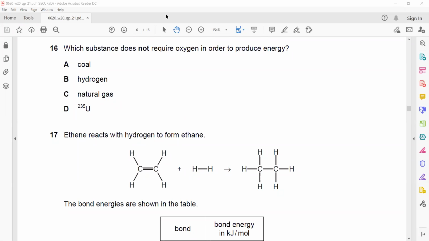Coal is burned and it produces carbon dioxide. Hydrogen is burned in a fuel cell combustion reaction and produces water. Natural gas or methane burned produces carbon dioxide and water vapor. But uranium, a heavy nucleus, splits into lighter nuclei by the help of a neutron.